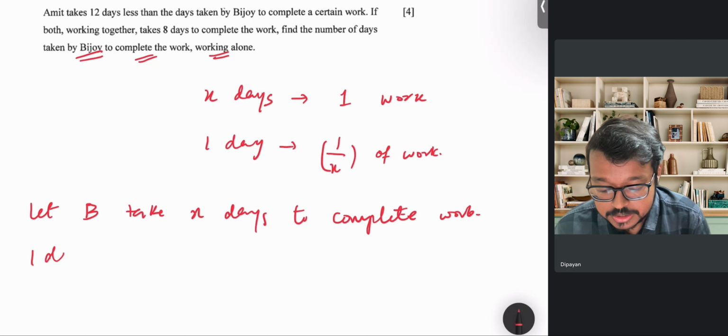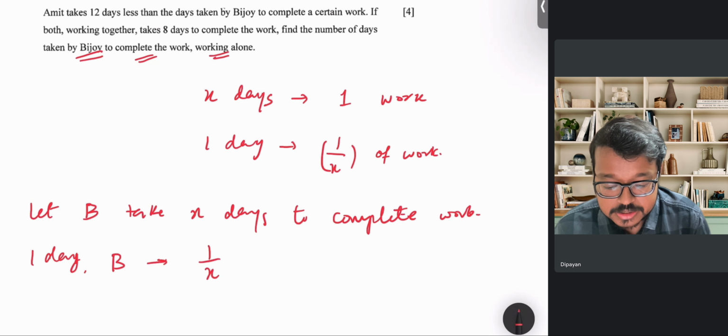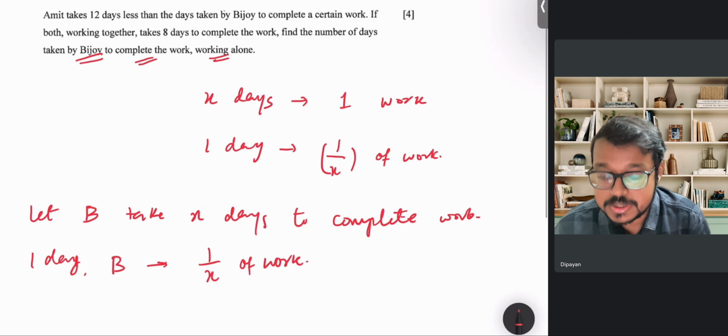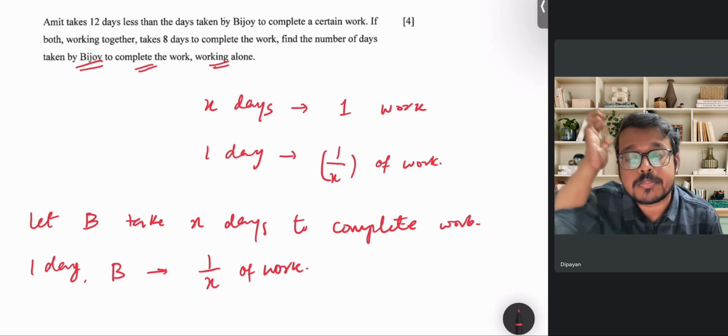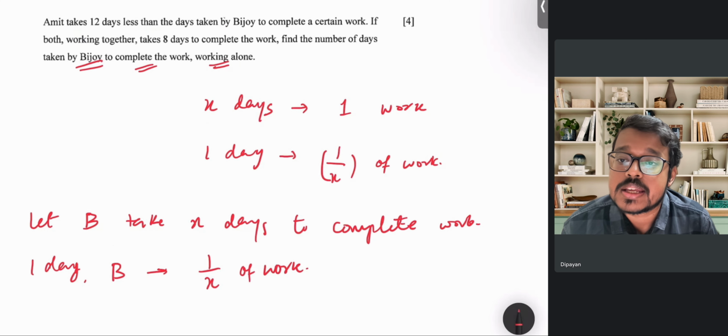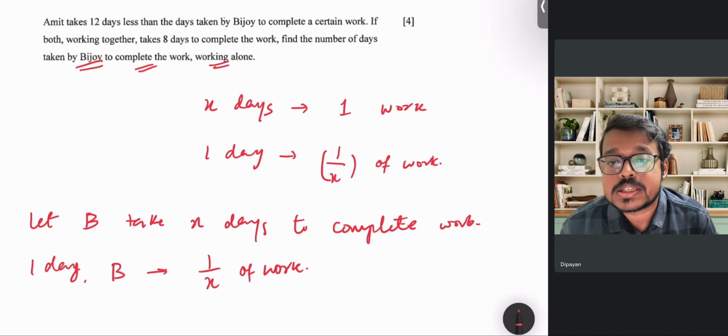So in one day, B will complete 1 by X of the work. So this is when B is working alone. Now there is another person, Amit. Amit takes 12 days less than the number of days taken by Bijoy.